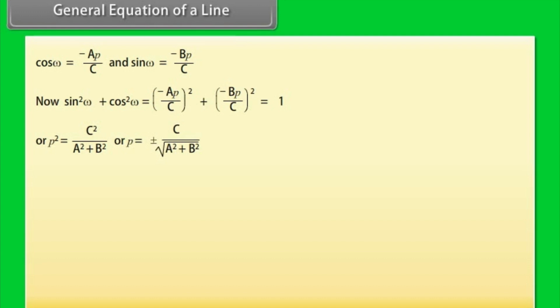Or p² = c²/(a² + b²), or p = ±c/√(a² + b²). Therefore, cos omega = ±a/√(a² + b²) and sin omega = ±b/√(a² + b²).